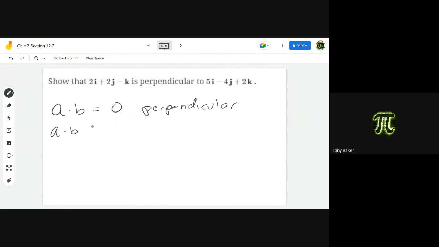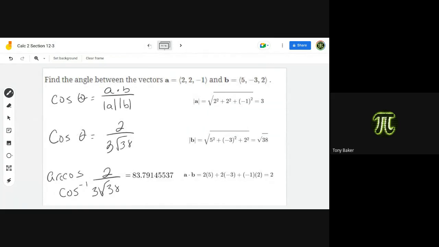If the dot product is greater than 0, what kind of angle am I going to get? So let's go back to this. If the top is greater than 0, that means the top's positive, right? Okay. Is the bottom ever going to be negative? No, the bottom has to be positive, right?